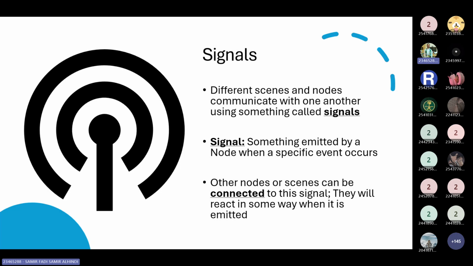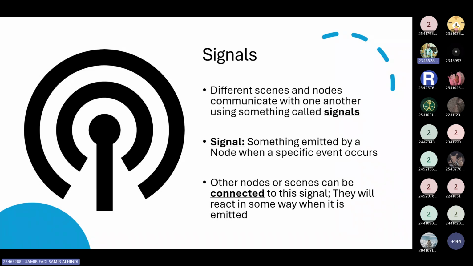As the name implies, when a specific action occurs, for example, a button is pressed, the player dies, or a collision happens, the enemy hits the player, any sort of event, we can emit a signal. And anyone connected to this signal, anyone listening to this frequency, can react in some way.